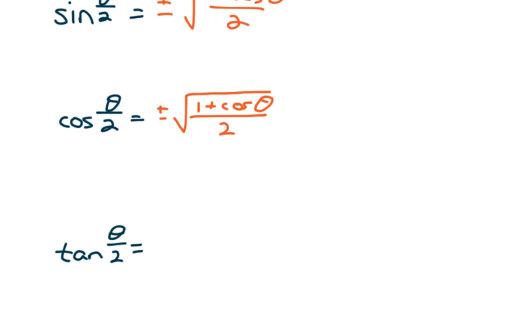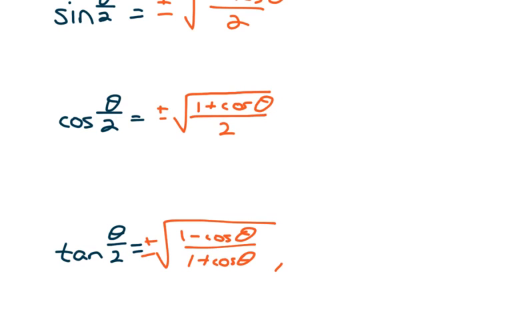And tangent is a little bit messy. It again is plus or minus the square root of 1 minus the cosine of theta over 1 plus the cosine of theta. Just a little side note here, the cosine of theta cannot be equal to -1, because if cosine of theta was equal to -1, 1 plus -1 gives you 0, and then you've got a whole mess.